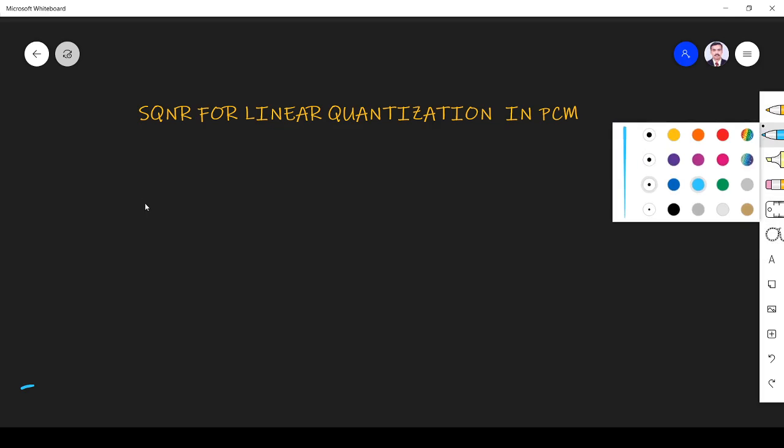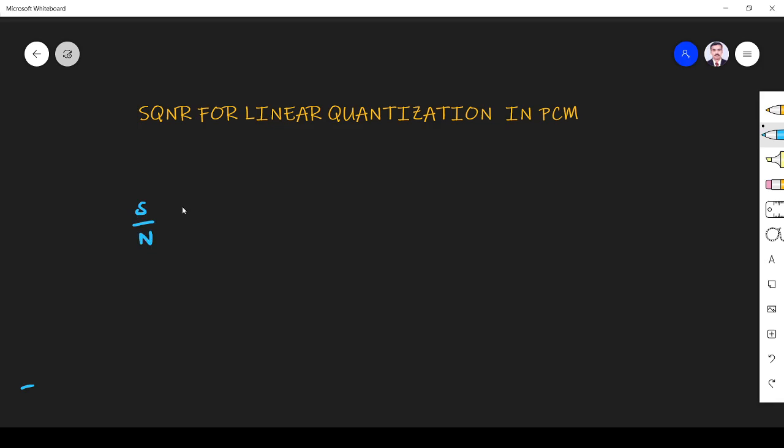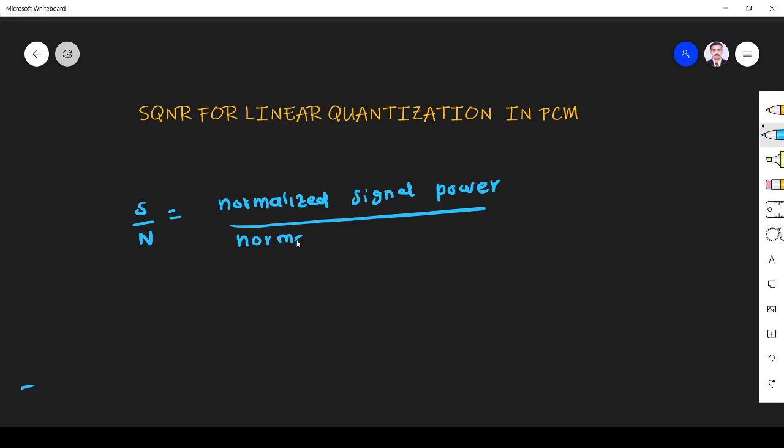We know the signal to noise ratio is given by normalized signal power divided by normalized noise power. This is what SNR we know.